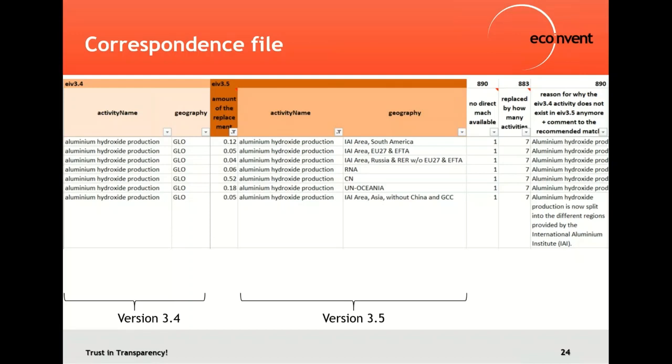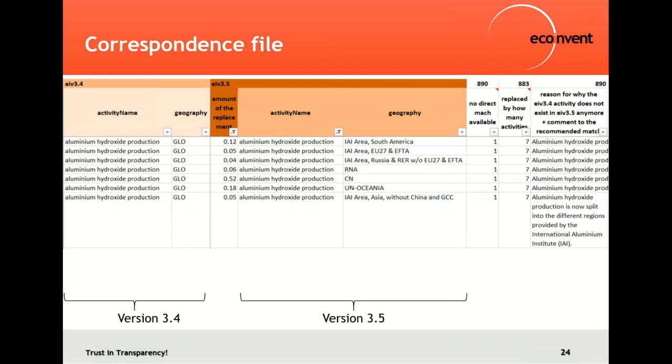By coordinates, I mean the activity name, geography, product name, unit, the ISIC and CPC codes, everything. Here we're just showing a small part of it for the purpose of an easy and understandable example, but this file is much larger than that.